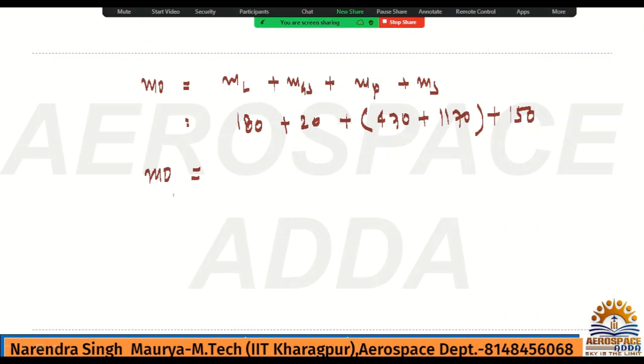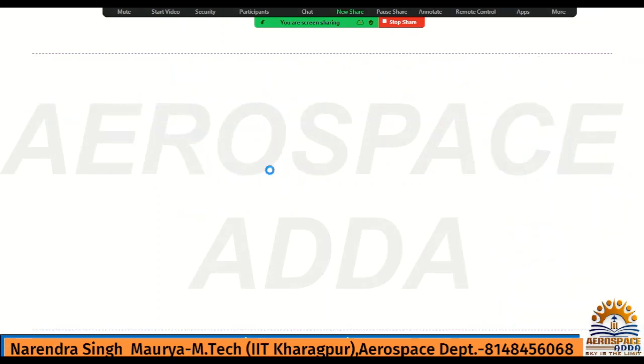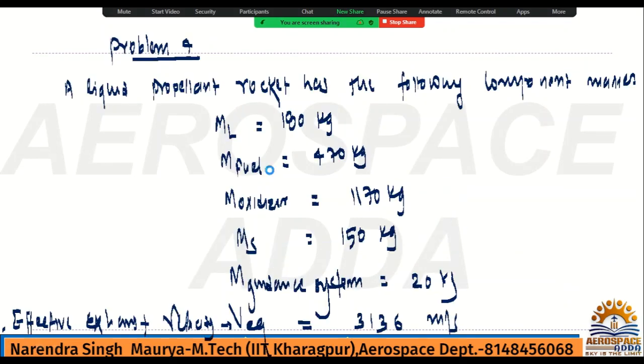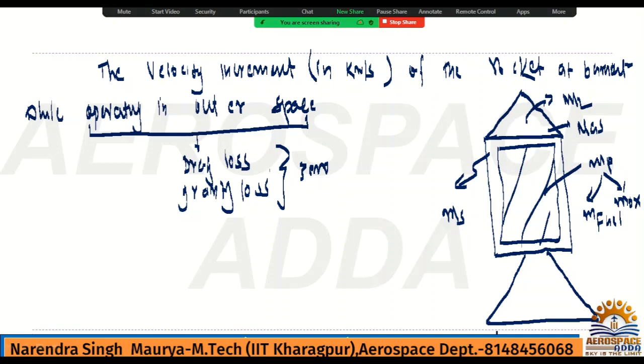So 180 plus 20, 200 plus 470 plus 1170 plus 150. So this value is nothing but 1990 kg. This is what the initial mass. Okay, and they are asking the incremental velocity, right? The velocity incremental means delta v. What is the delta v formula we should have?